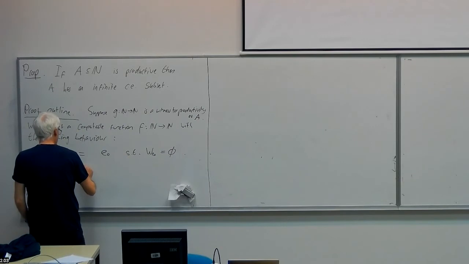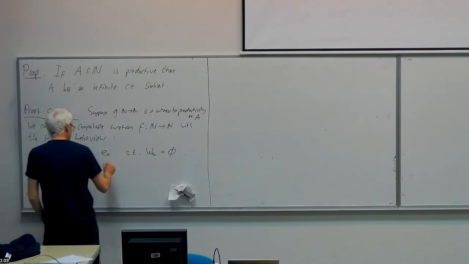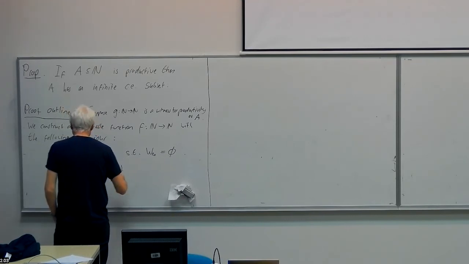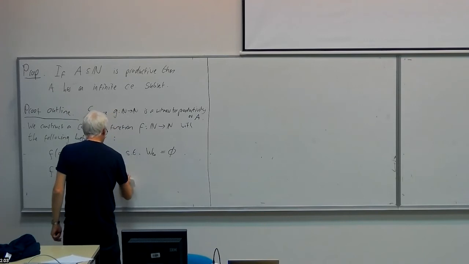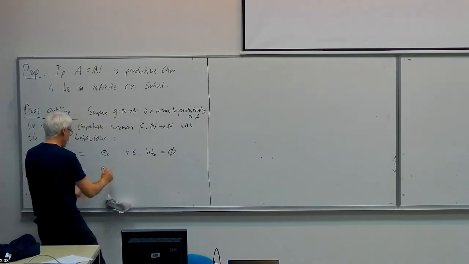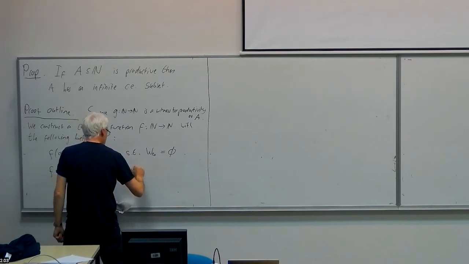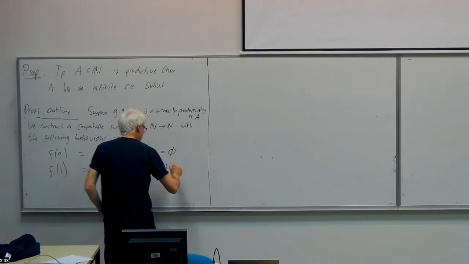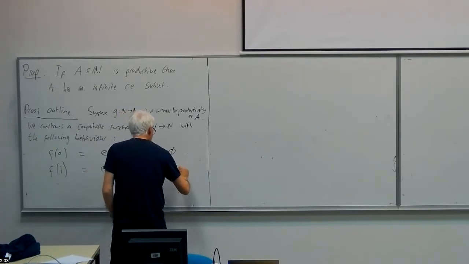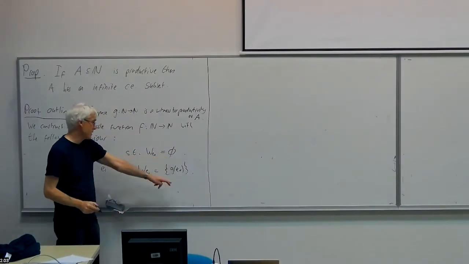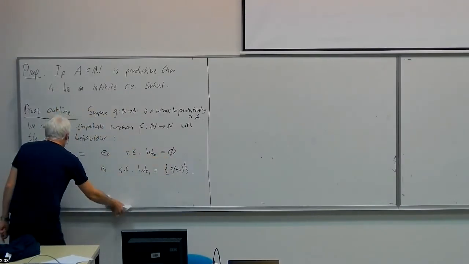So f of 1 is e1, such that e1 is an index for the computably enumerable set which only contains one element, which is g of e0. So that's an element of A that's outside of the empty set, because everything's outside of the empty set.